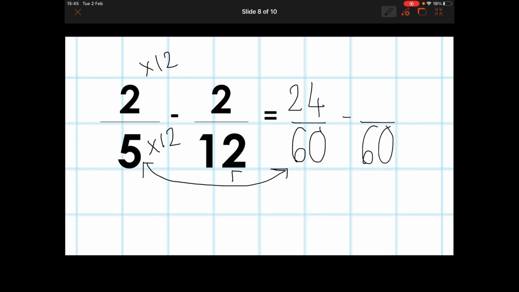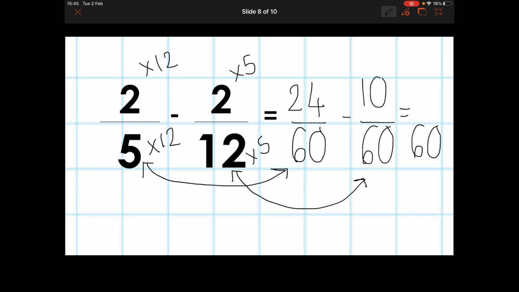What did I do to 12 to get to 60? I timesed it by 5, so I must times the top by 5. 2 times 5 is 10. Now if we work out the answers to these two fractions, 24 subtract 10, well that is 14.